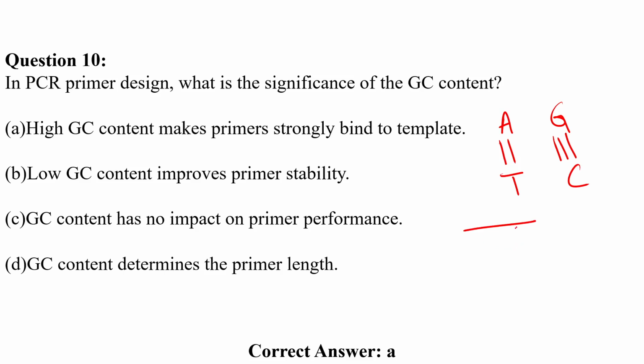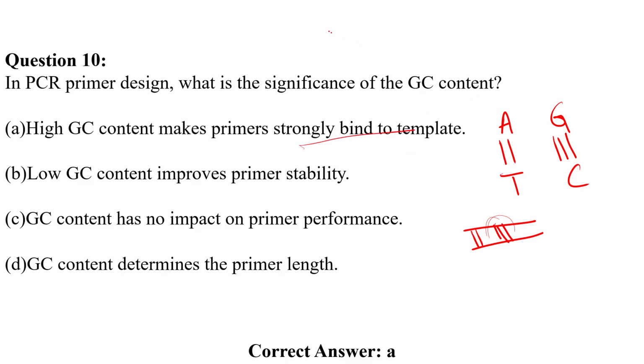Let's think about it like this. If I am holding something with 1 hand and if I am holding something with 2 hands, obviously the thing I am holding with 2 hands will have a stronger grip than holding it with 1 hand. Similarly when we have 3 hydrogen bonds, we will have a stronger grip as compared to 2 hydrogen bonds, and that stronger grip will make a stronger binding to the template.